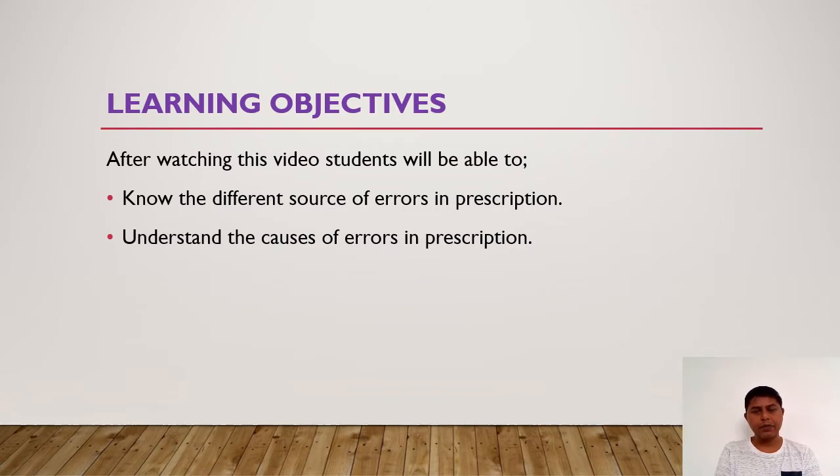Our learning objectives. After watching this video, you will be able to know the different sources of error in prescription, and you will understand the causes of errors in prescription.